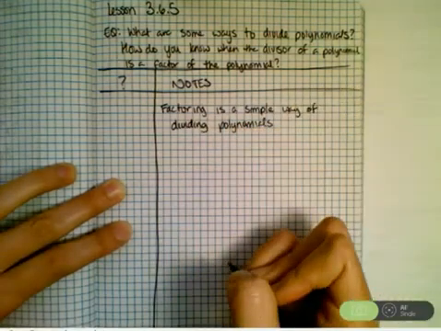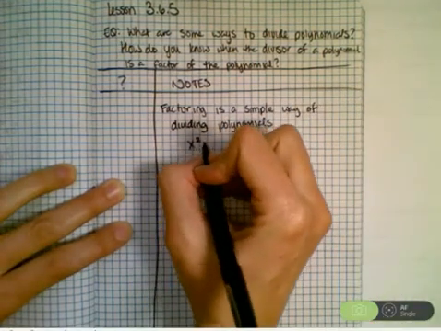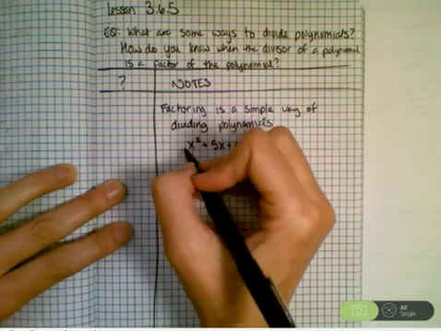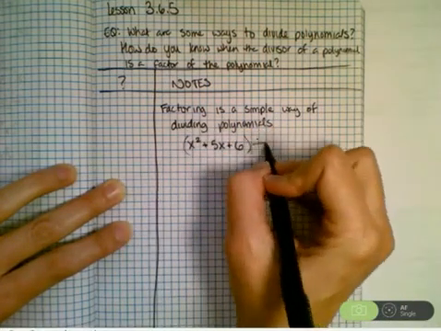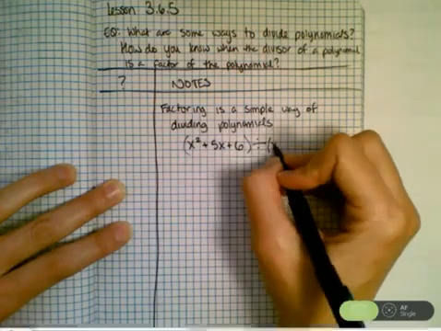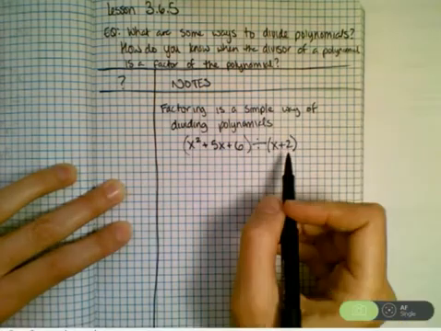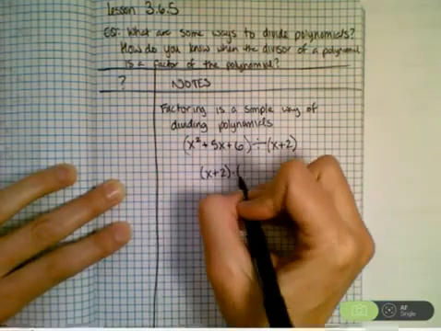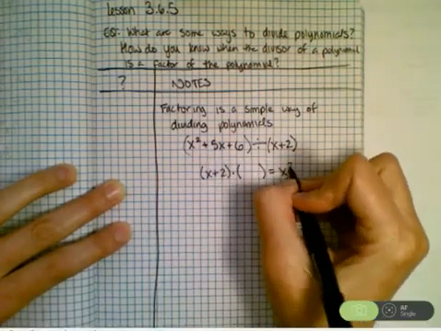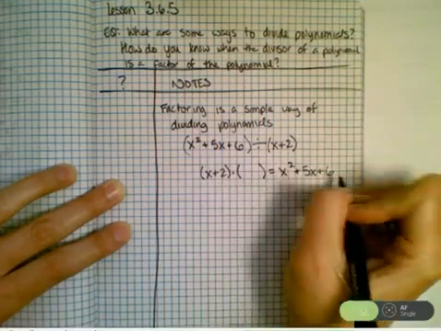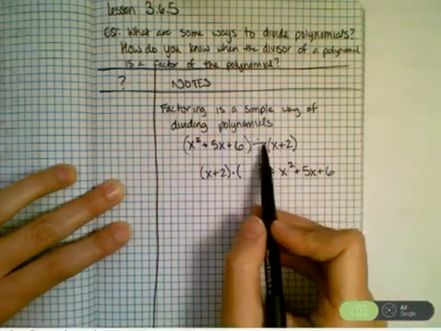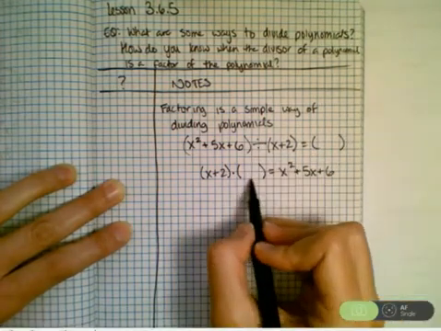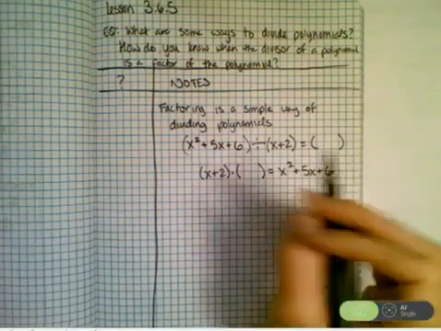So if you have something like x squared plus 5x plus 6, and you wanted to divide that by, say, x plus 2, what you're really looking at is x plus 2 times something else that gives you back x squared plus 5x plus 6. Right, because division is undoing multiplication. So whatever this is equal to is going to be the same thing that goes in that set of parentheses.